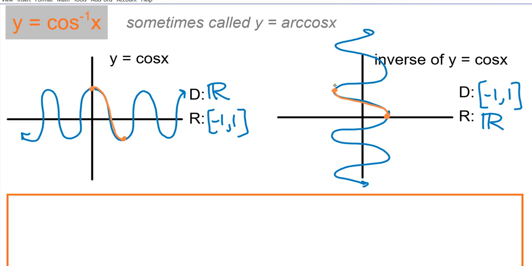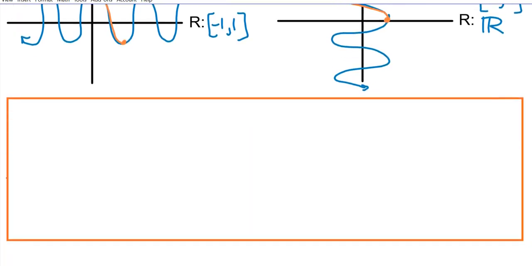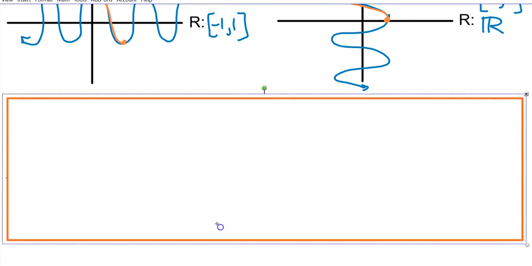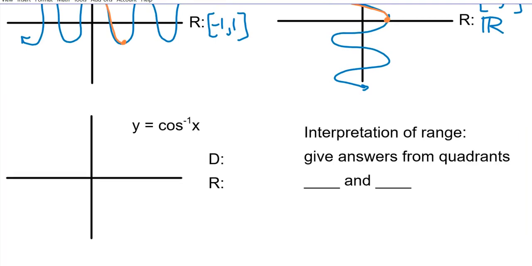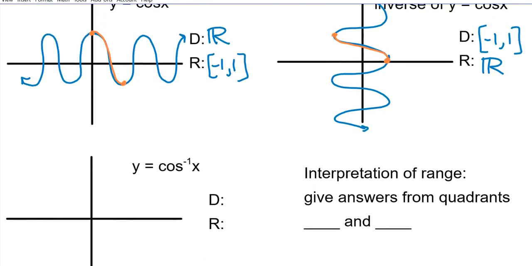That would be a function. So that's the piece we're going to use for our inverse cosine function. So you can write this part. The graph of inverse cosine, y equals inverse cosine of x, looks like this.